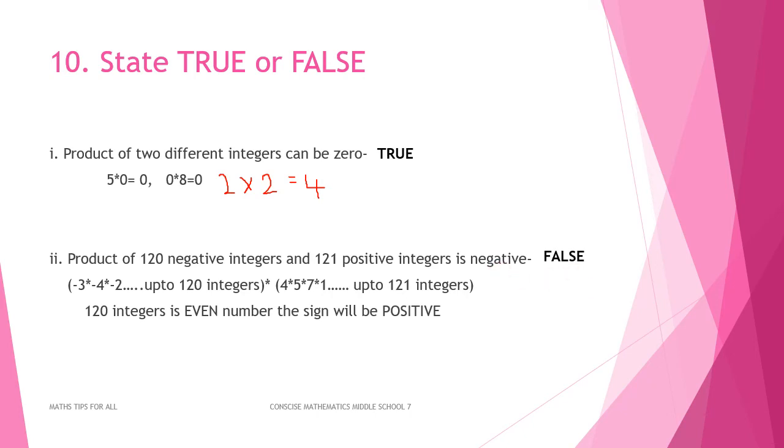I hope you understood it. Let's move on to the third one. Here they are asking: A into (B plus C) is equal to A into B plus C. Is the left hand side equal to the right hand side? See, the LHS is A into (B plus C); B and C are in the bracket.